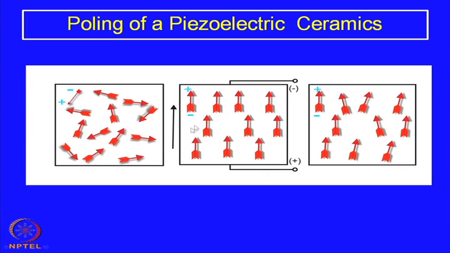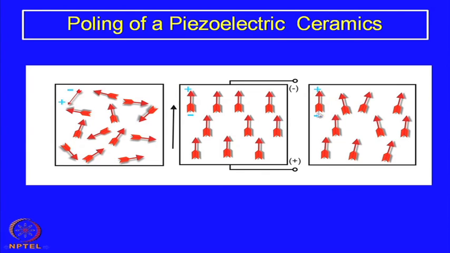In this case the direction of the applied field is here, and all the dipole moments are aligned parallel to that, with positive charge pointing to the top. So, this depends on the direction of the application of the field. All the positive charges are directed towards the negative electrode of the applied voltage.